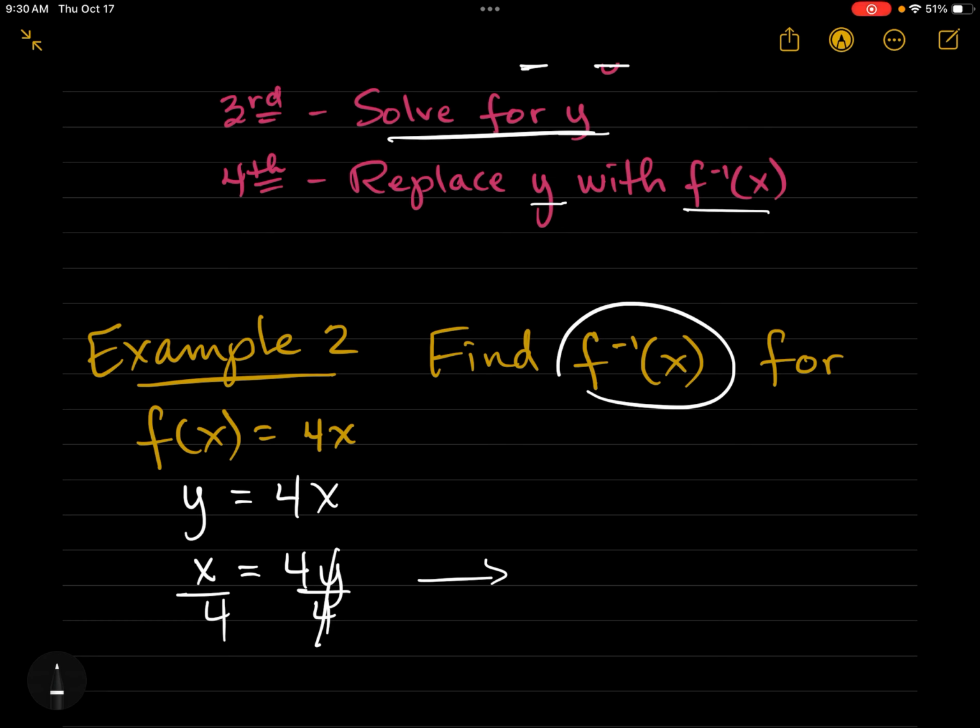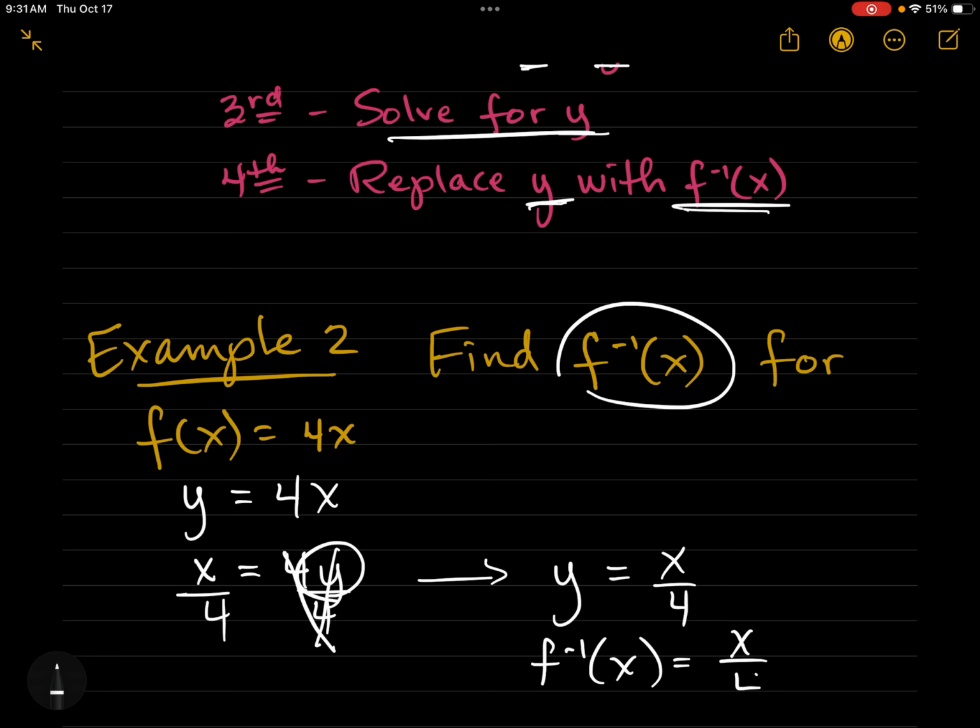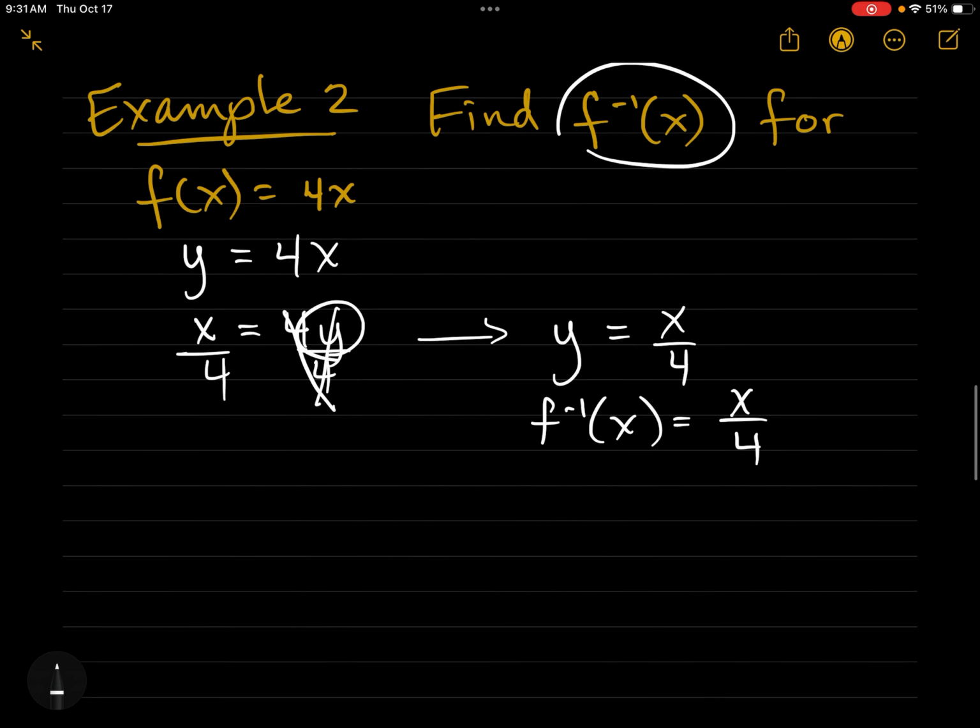And that gives me, undid the wrong thing. So I get y equals x over 4. Last step says replace y with f inverse of x. And now that's my answer.